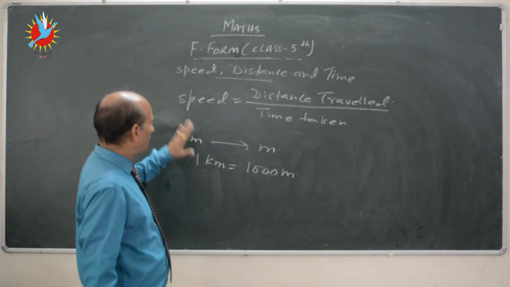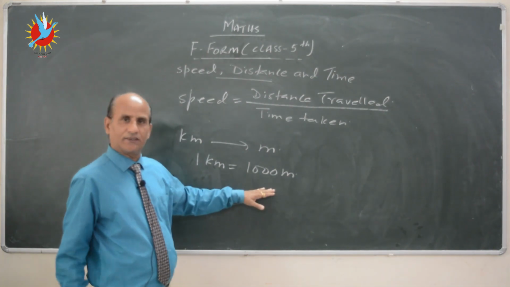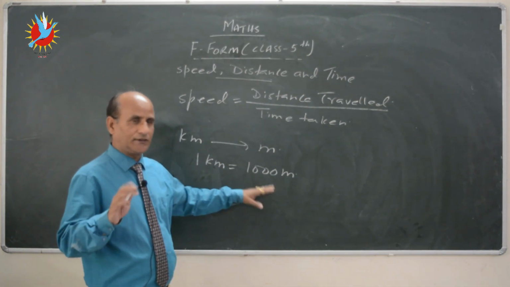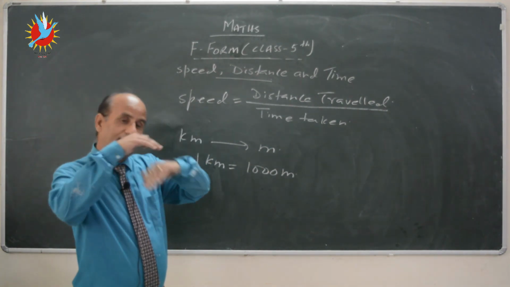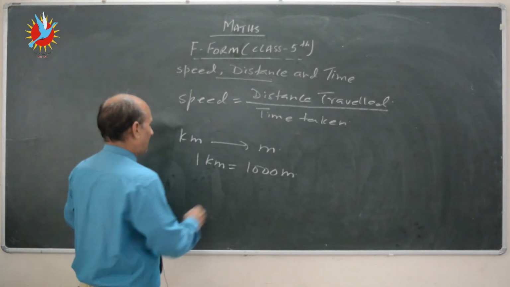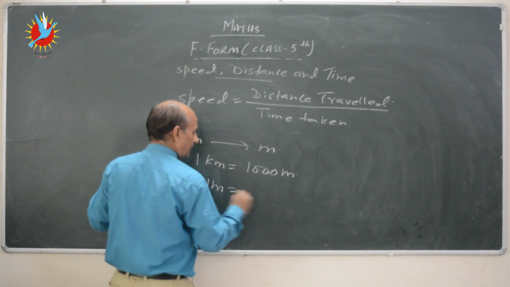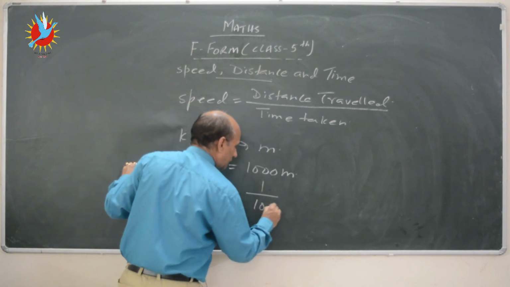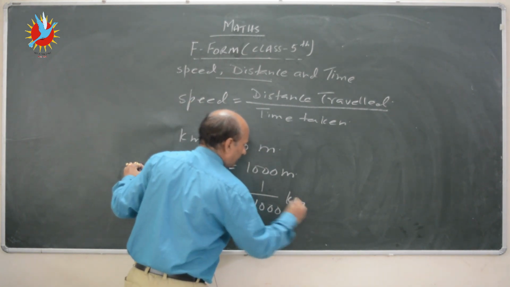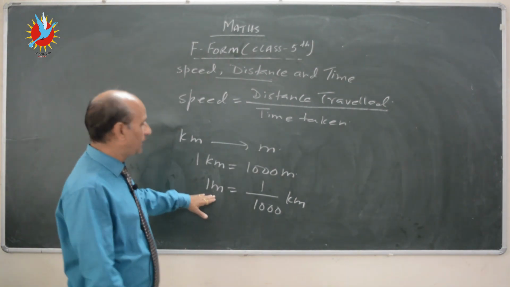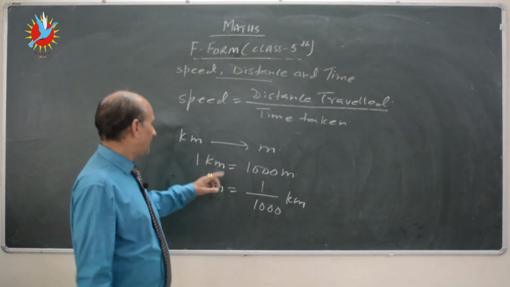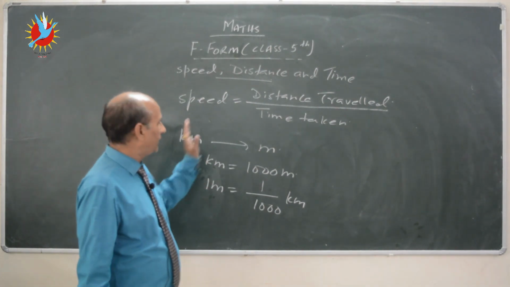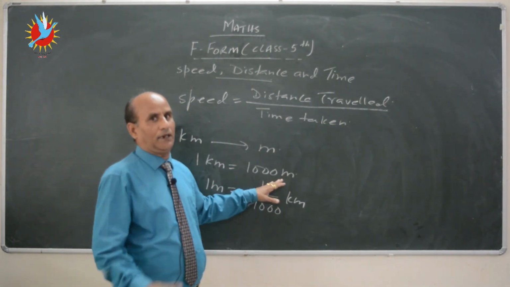So if you want to convert kilometer in meter, then multiply by 1000. Suppose distance is given in meters and you have to find in kilometers, then divide it. So 1 meter is equal to 1 upon 1000 kilometers. If it is given in meters and you have to find it in kilometer, then divide it. If it is given in kilometer and you have to find it in meters, then multiply it.